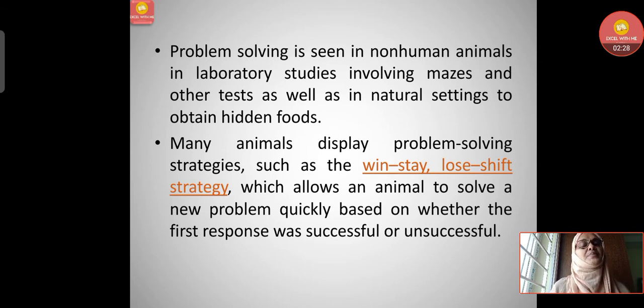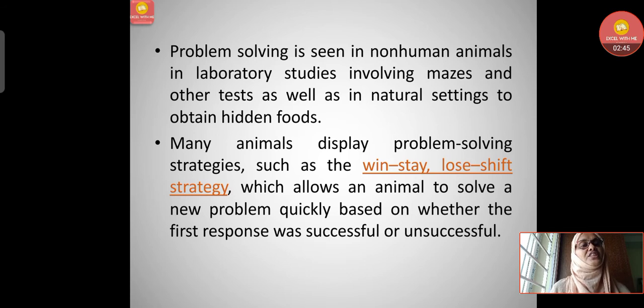Many animals display problem solving strategies such as the win-stay, lose-shift strategy, which allows an animal to solve a new problem quickly based on whether the first response was successful or unsuccessful.